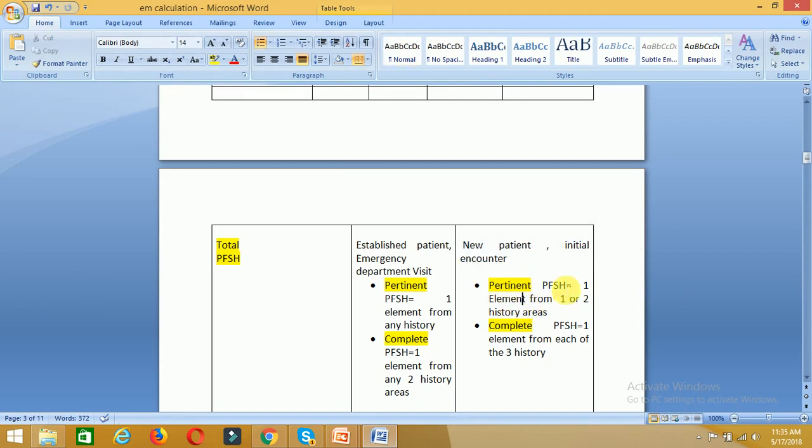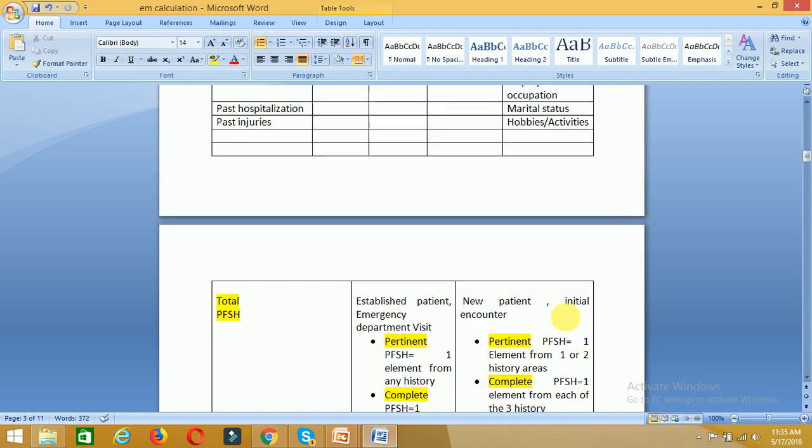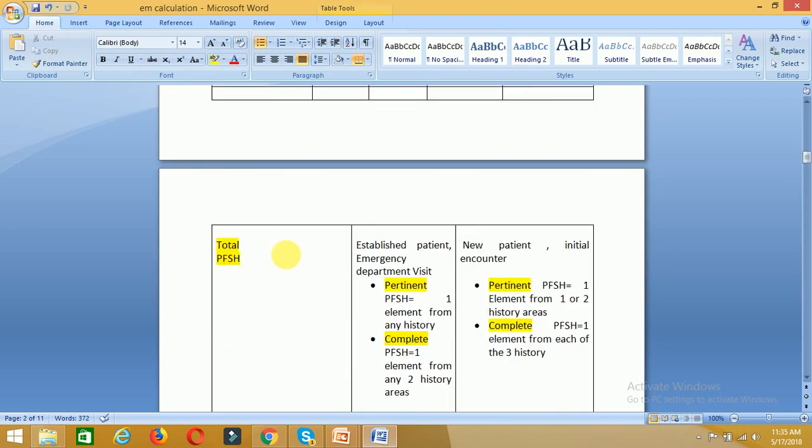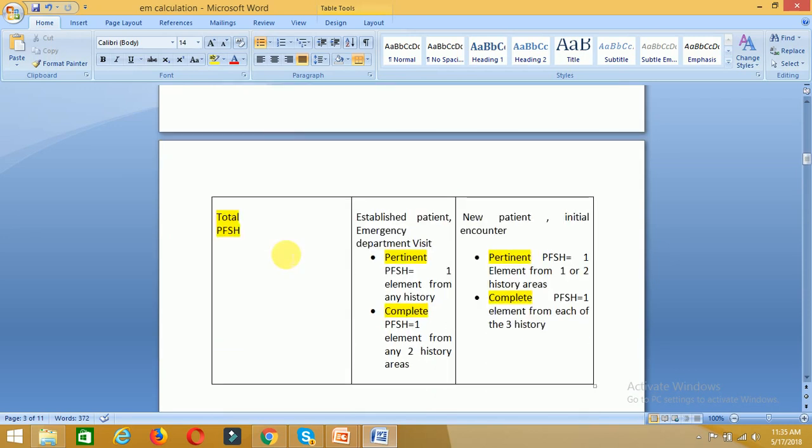So pertinent PFSH. Because one element is there, as per pertinent we need at least one element from any one or two history areas. So we have one element from one area, that is past illness from the PMH, that is hypertension.